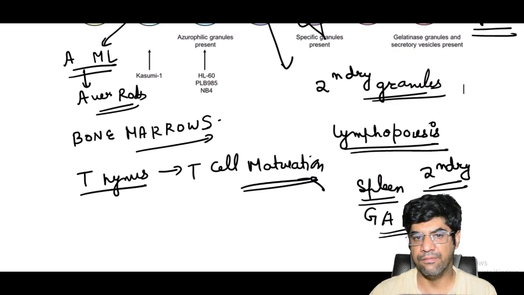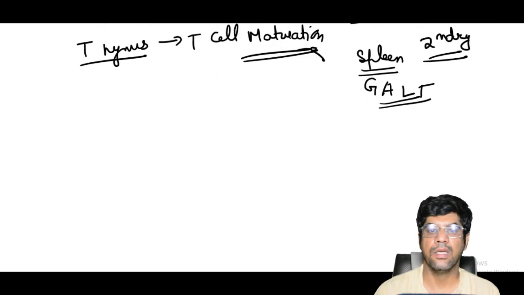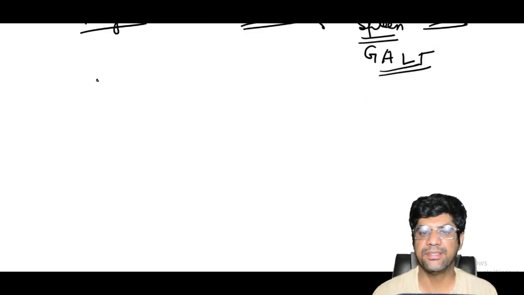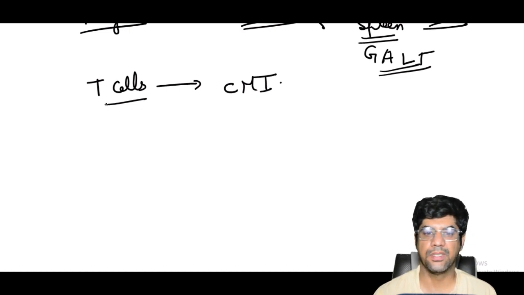Now, what are the lymphocyte functions and types? The lymphocytes could be T cells that are involved in cell mediated immunity. The site of production is bone marrow and thymus.